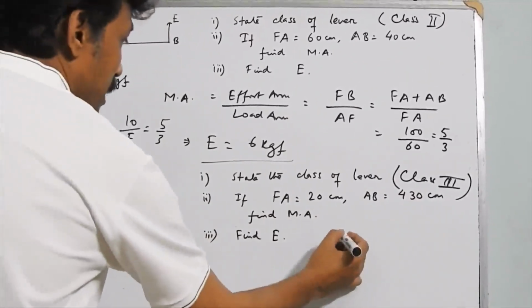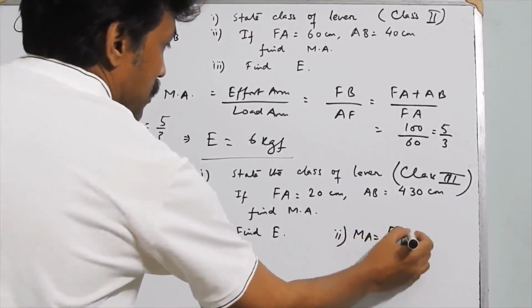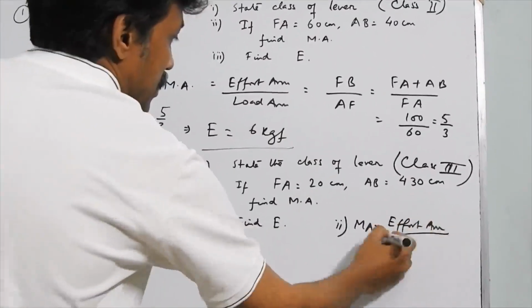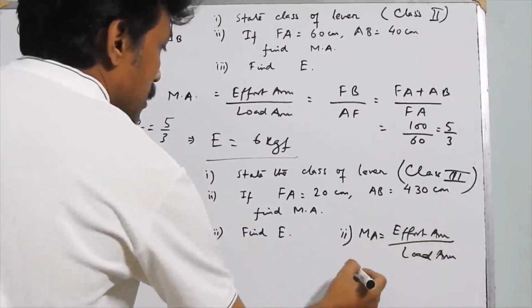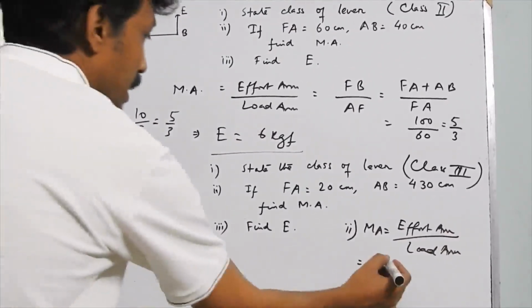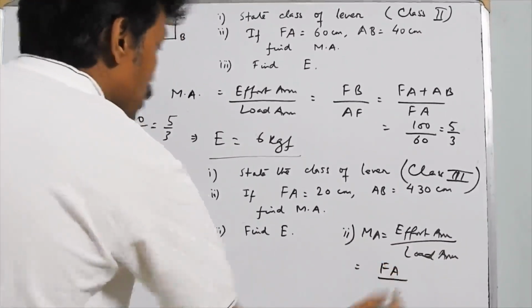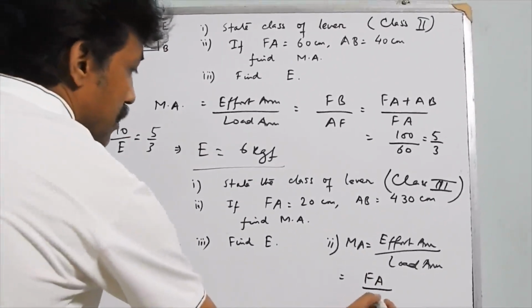So by the definition of MA, it is effort arm by load arm. So what is the effort arm? Effort arm is distance between effort and fulcrum, that is FA, by load arm, distance between load and fulcrum, so that is FA plus AB.